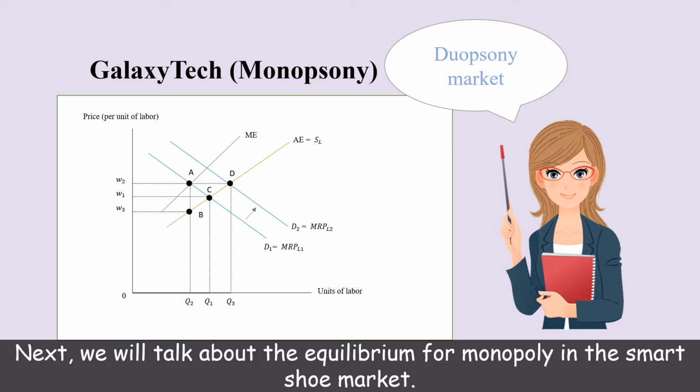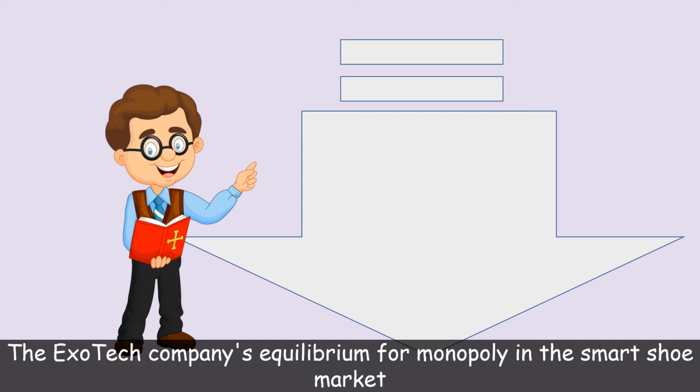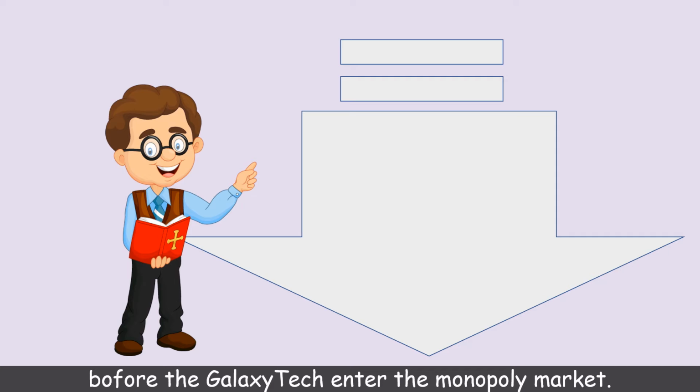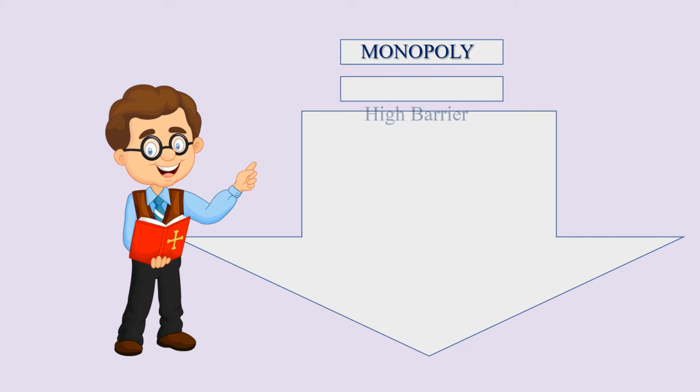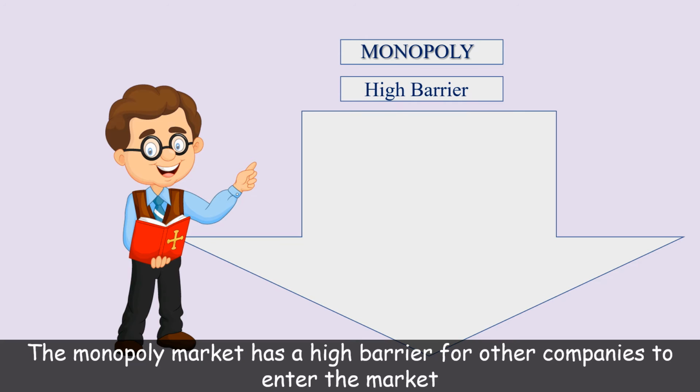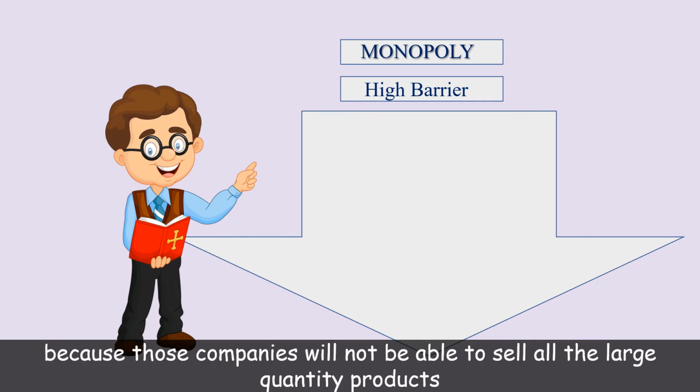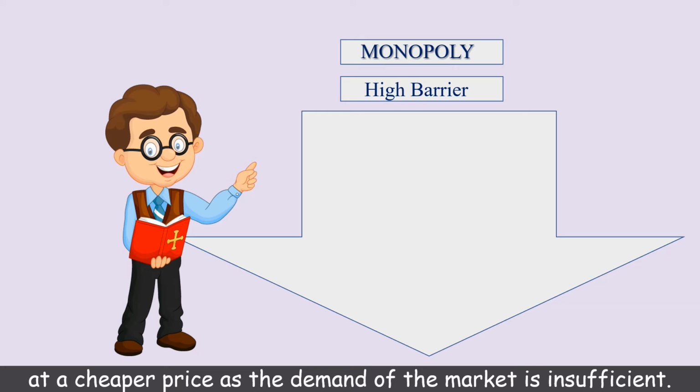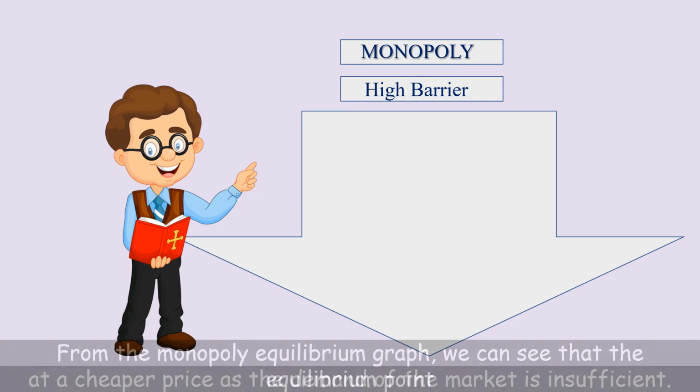Next, we will talk about the equilibrium for monopoly in the smart shoe market. This is the Exotech company's equilibrium for monopoly in the smart shoe market before GalaxyTech enters. The monopoly market has a high barrier for other companies to enter the market, because those companies will not be able to sell a large quantity of products at a cheaper price as the demand of the market is insufficient.